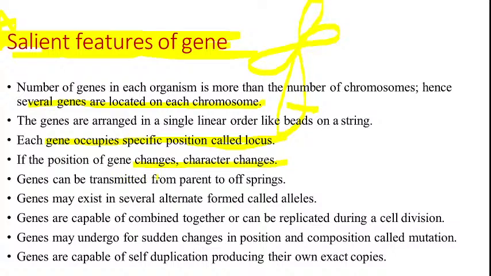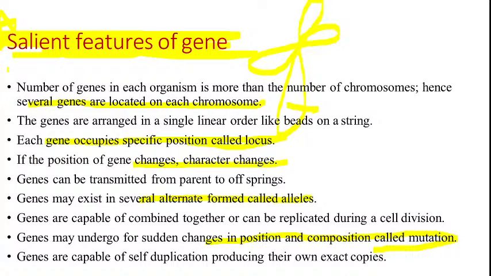Genes can be transmitted from parent to offspring. Genes may exist in several alternate forms called alleles. Genes are capable of combining together or can be replicated during cell division. Genes may undergo sudden changes in position and composition, which is known as mutation. Genes are capable of self-duplication, producing their own exact copies.